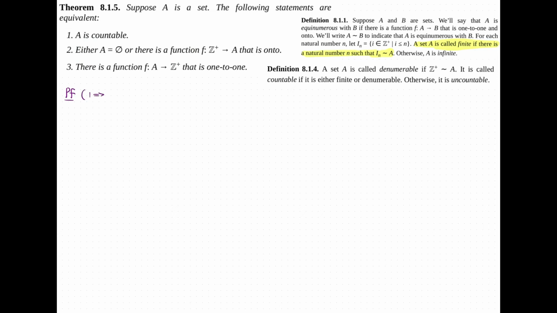So let's go ahead and do 1 implies 2. So suppose that A is countable. Well, if A is countable, we have by definition that A is finite or is denumerable.